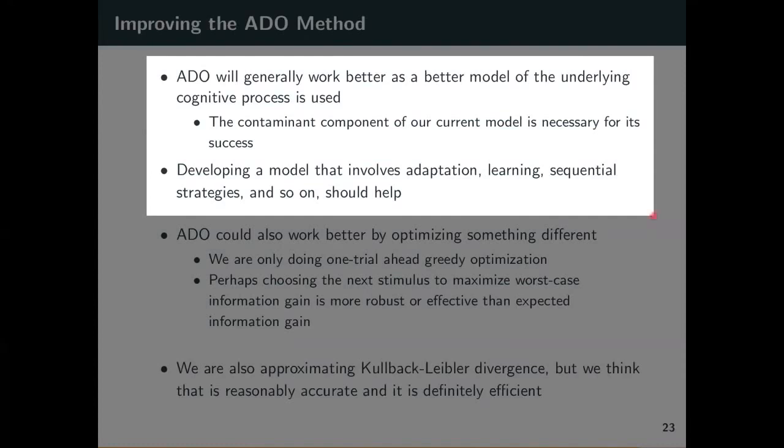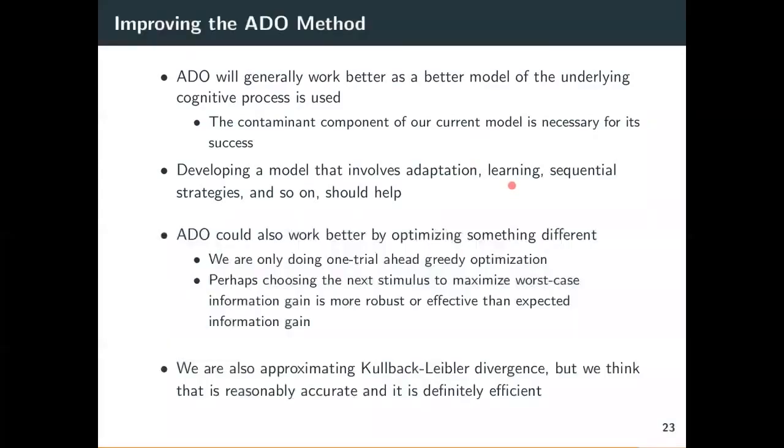In fact, we've already done some of this. The contaminant component that we introduced to the model was critical in the success that we've demonstrated. Without that, adaptive design optimization really didn't improve upon the experimental order. But of course, we could go further. And in particular, thinking about some sort of learning or sequential effect seems important in this sequential testing task.